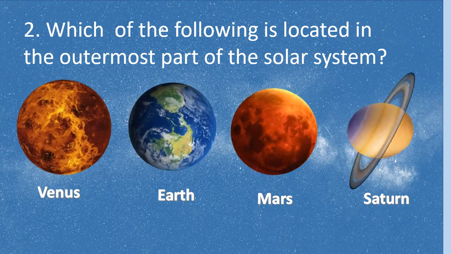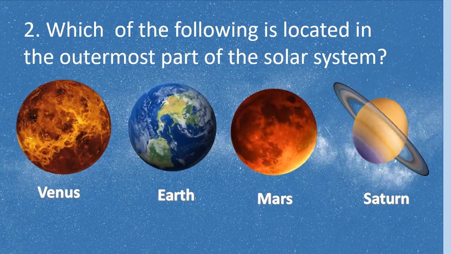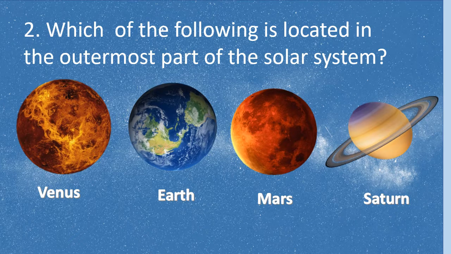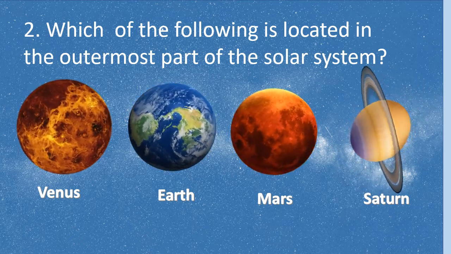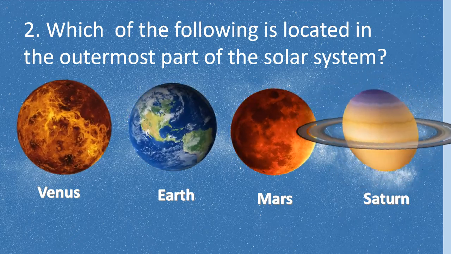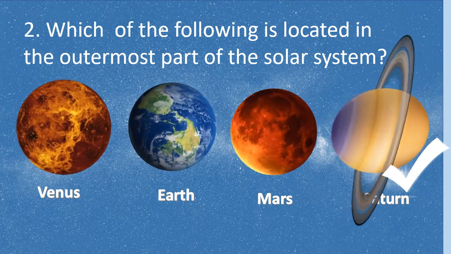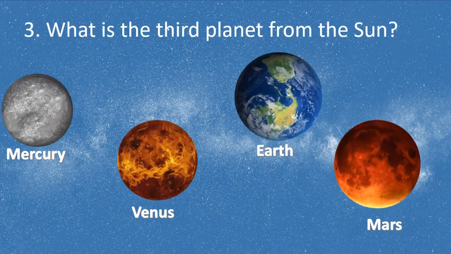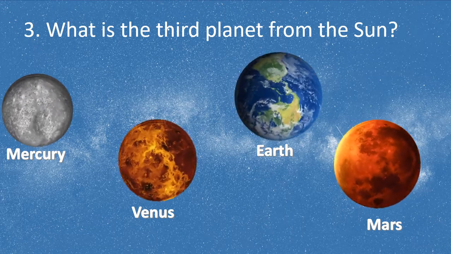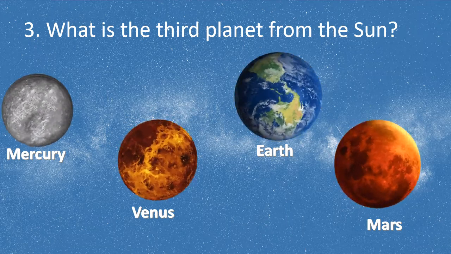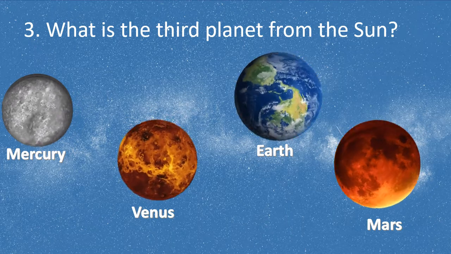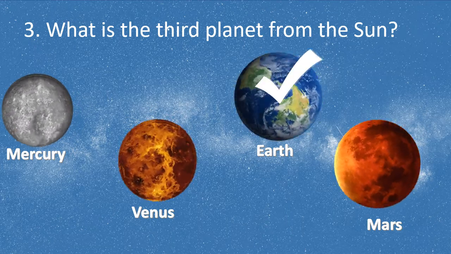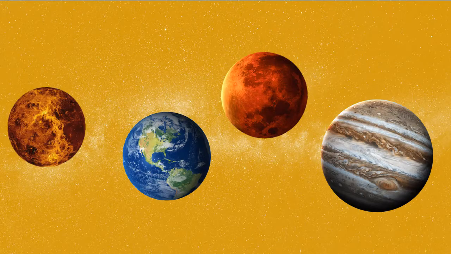Number 2, which of the following planets is located in the outermost part of the solar system? Is it Venus, Earth, Mars, or Saturn? Yes, Saturn. What is the third planet from the Sun? Is it Mercury, Venus, Earth, or Mars? And the correct answer is Earth.